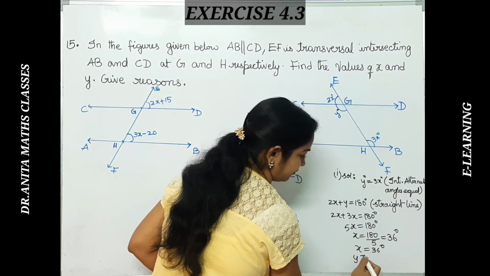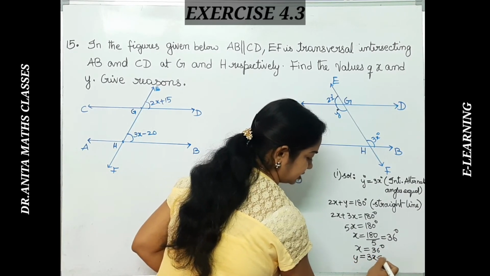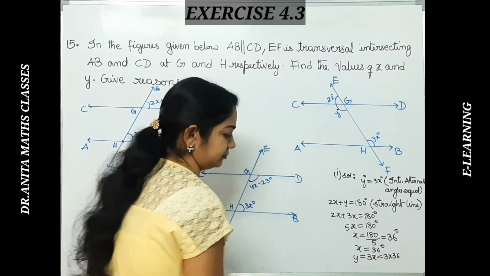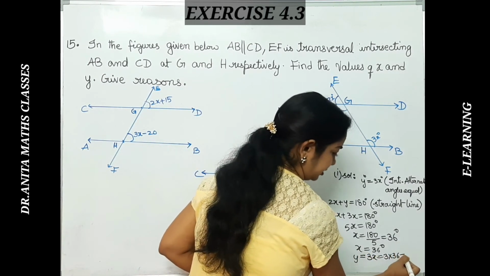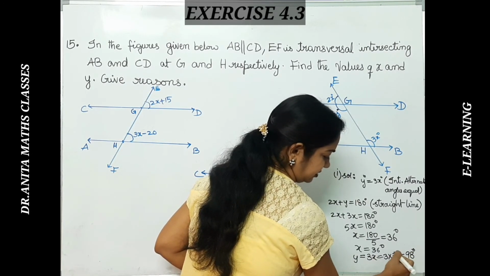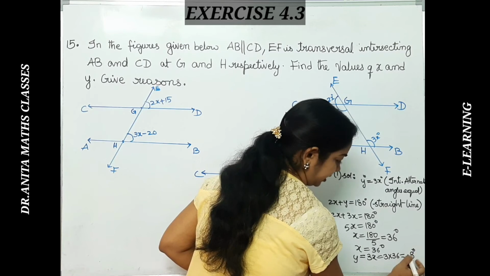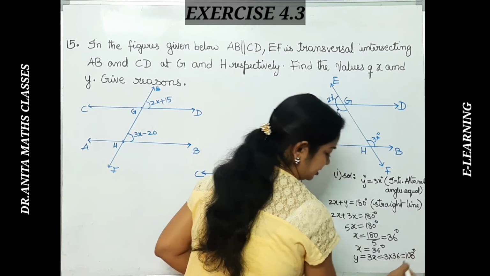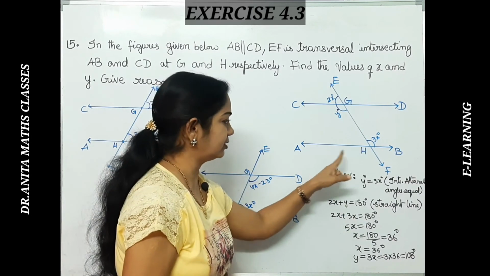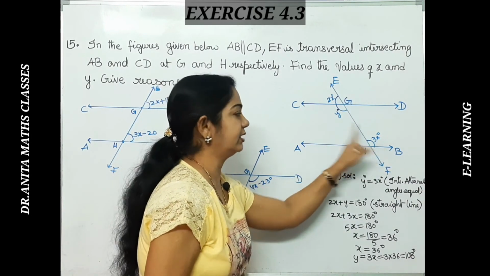But what is y? y is 3x, 3 into 36 degrees. 6 threes are 18, 3 threes are 9, plus 1 is 10, so 108 degrees. So y is 108 degrees and x is 36 degrees, according to alternate interior angles.